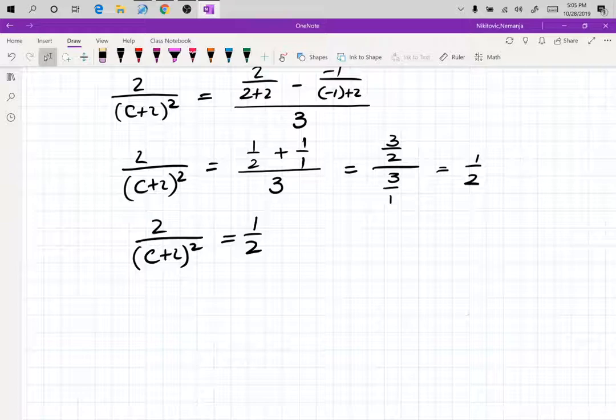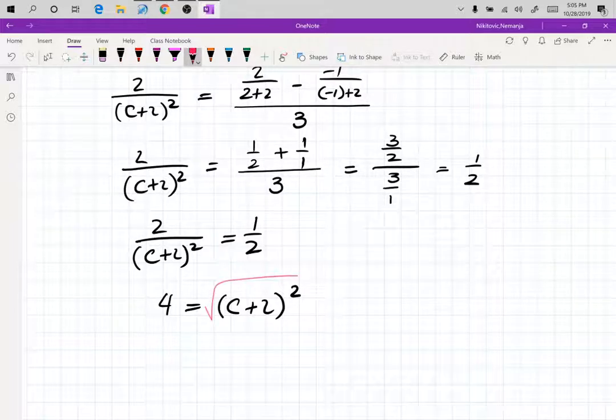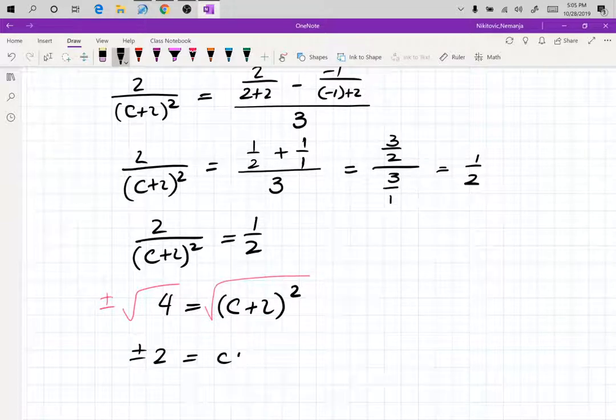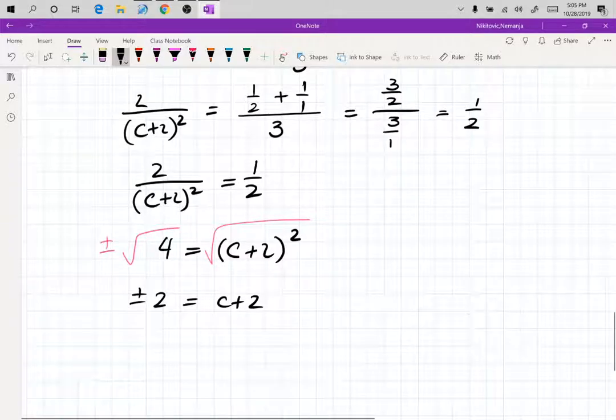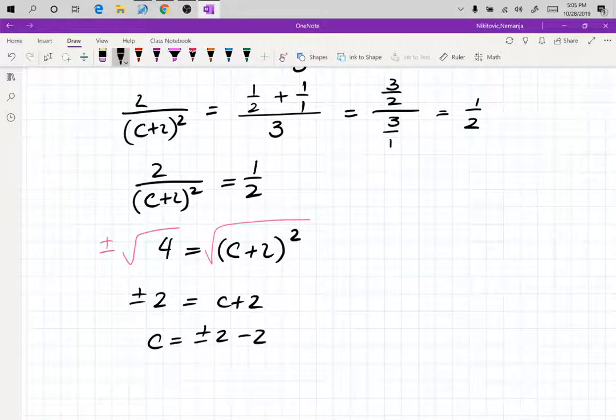You want to cross multiply, that's fine. 4 equals c plus 2 squared. And now when you square root both sides, usually you forget the plus and minus, and that kills half of your solutions. So plus minus 2 is equal to c plus 2. So now what you have is that c is equal to plus minus 2 minus 2.